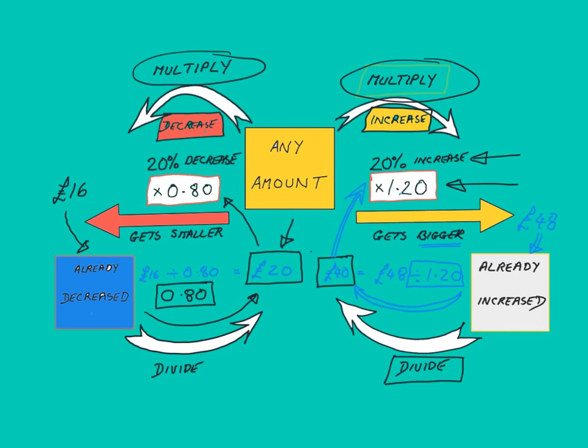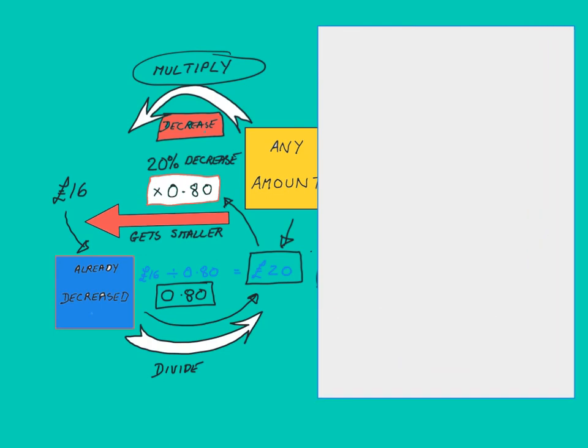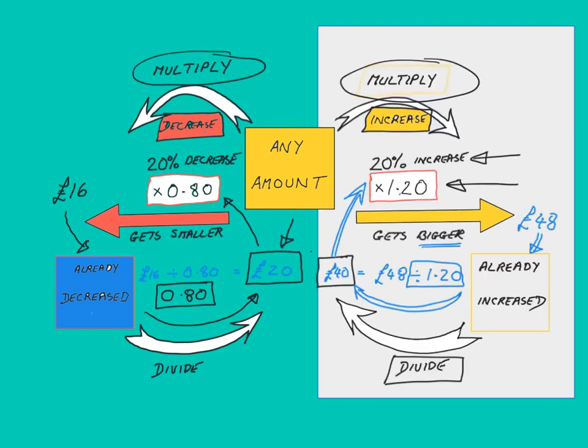And if you look very carefully at this sheet, you can see that everything on the right-hand side involves multiplying and dividing by numbers bigger than 1, because we're going up and then we're going back down.